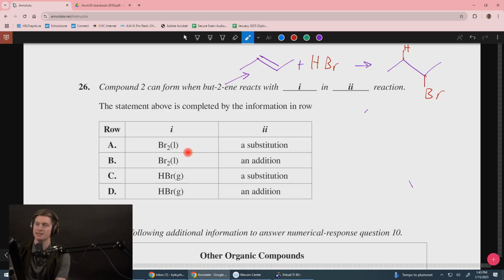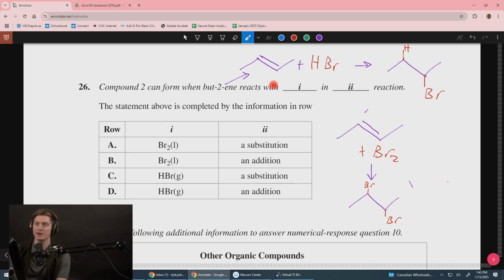If you reacted with pure bromine, then both of the carbons that were part of the double bond in this alkene would have a halogen attached to them. So instead, you would end up with a dibromoalkane and not just a bromoalkane. You would end up putting on 2 bromines. This is an addition reaction.